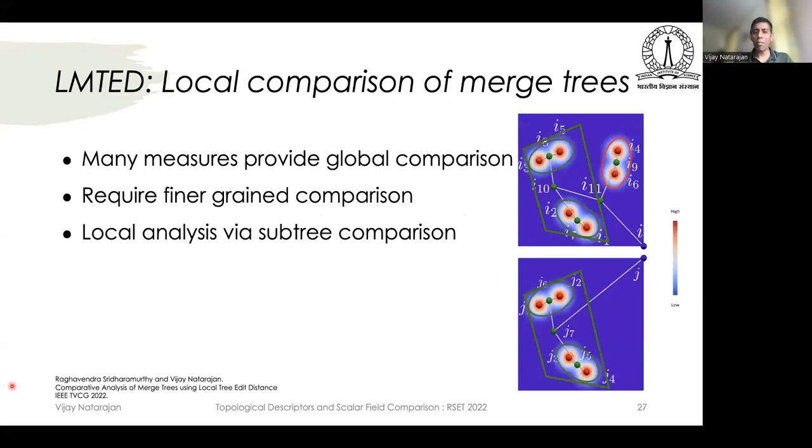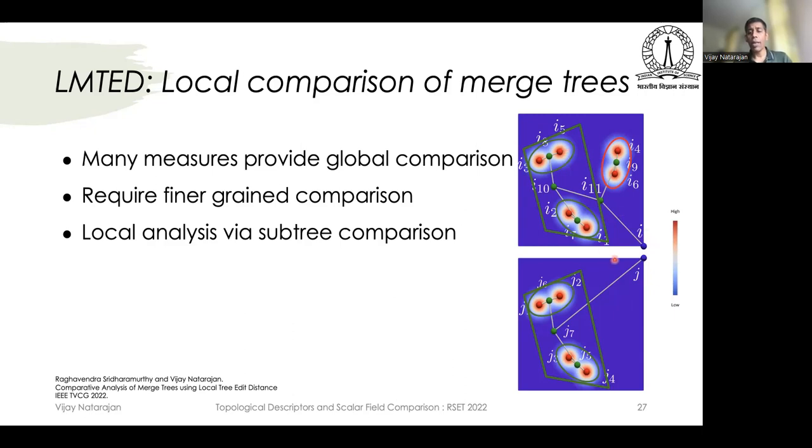So what does that mean? Let's look at the two trees here. The tree on the top, let's call that T1, and the tree on the bottom, let's call that T2. These are two merge trees whose roots are here. I and J are the roots. The leaves are, in this case, maxima.